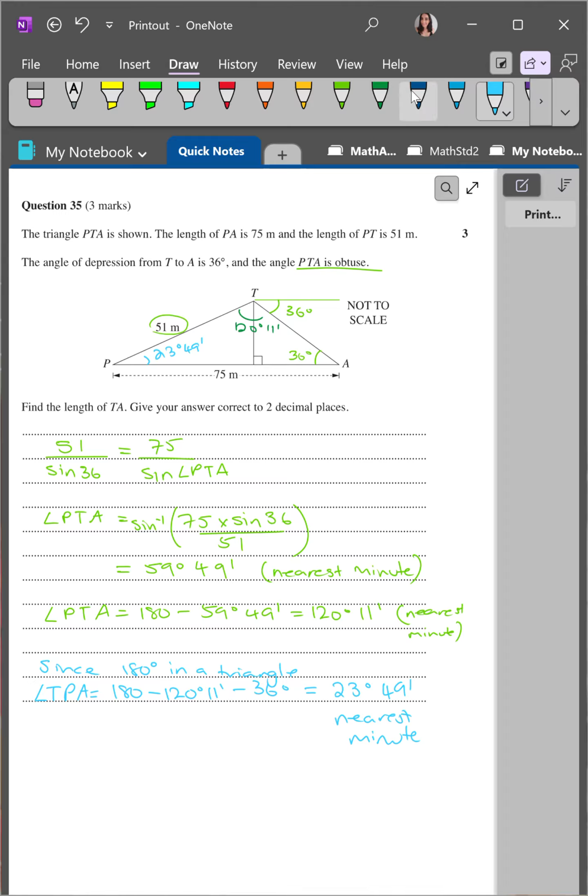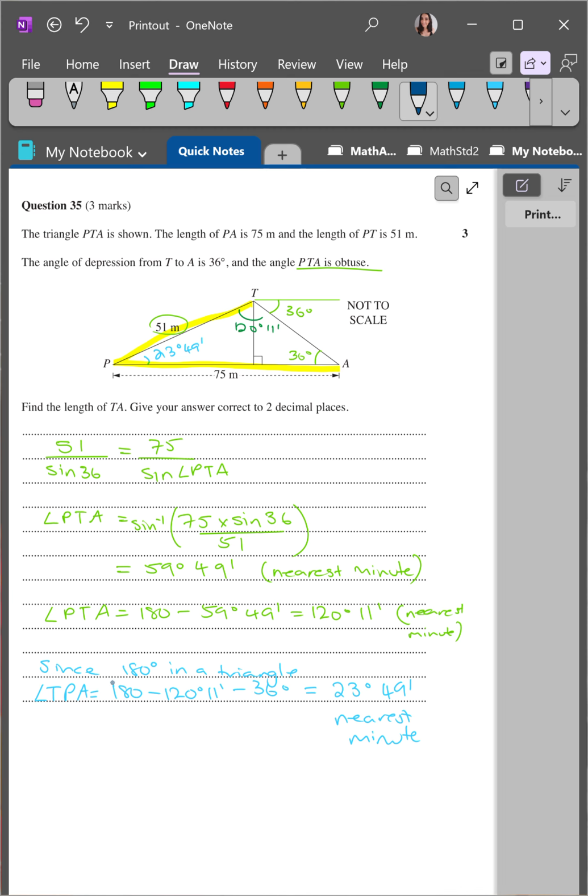Now, finally, we're going to try and find TA. So TA is our unknown side, and I'm thinking we use the cos rule because we have the other two sides and we have the angle in between those other two sides as well. The angle in the cos rule always has to be in between the two known sides.